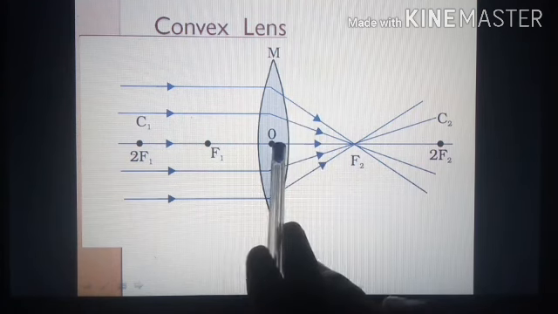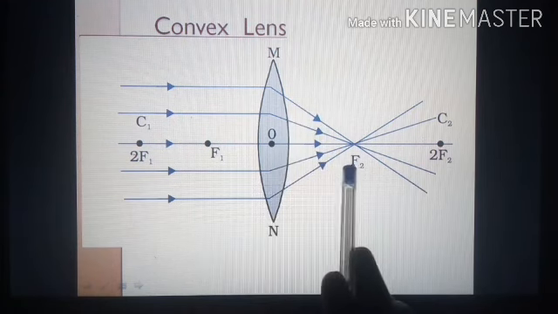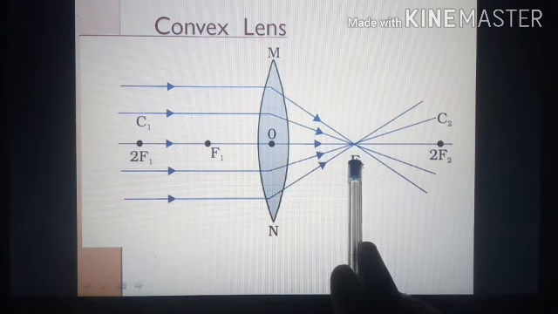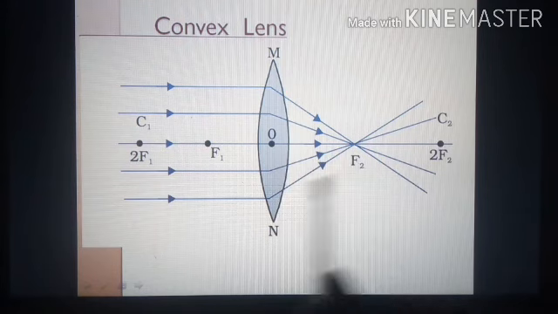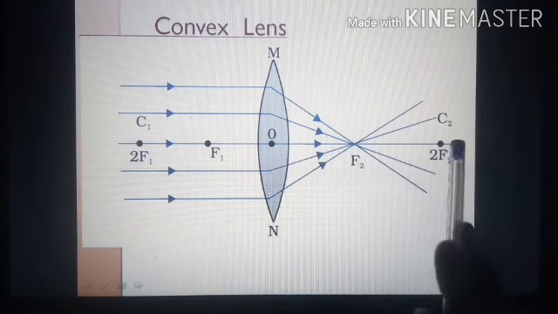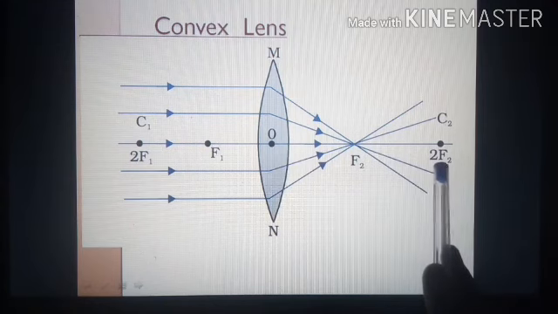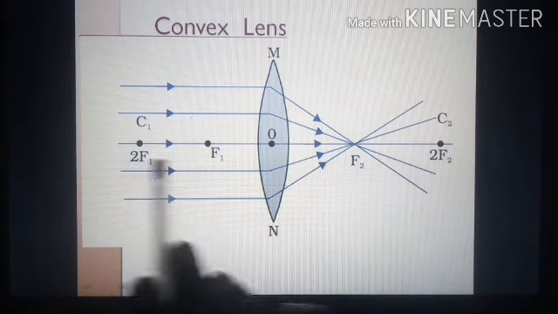O is the optical center, F1 and F2 are the principal focus or simply focus, and C1, C2 are called centers of curvature, which are equal to 2F2 and 2F1.